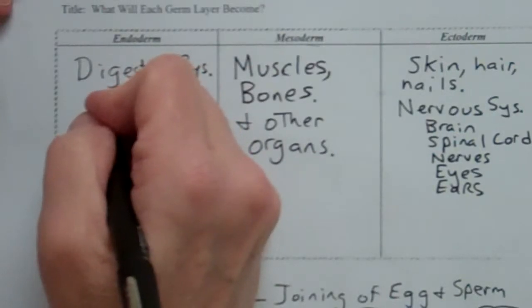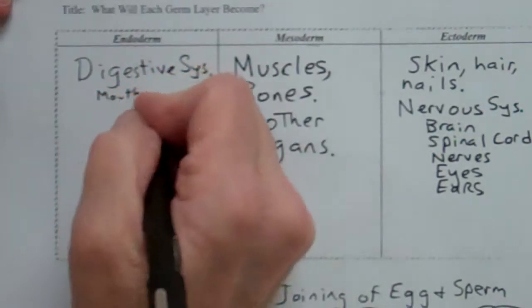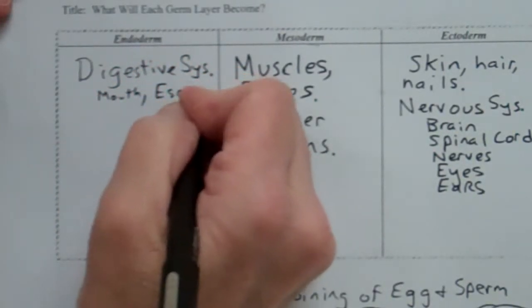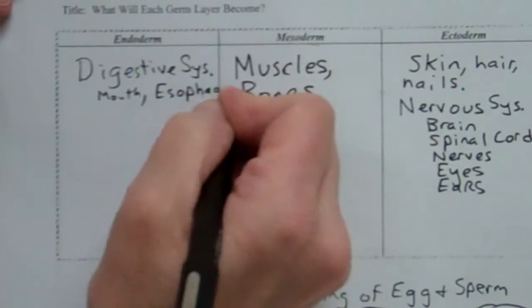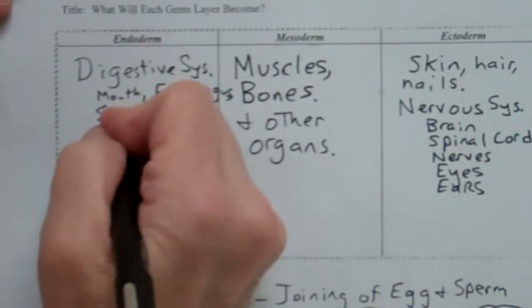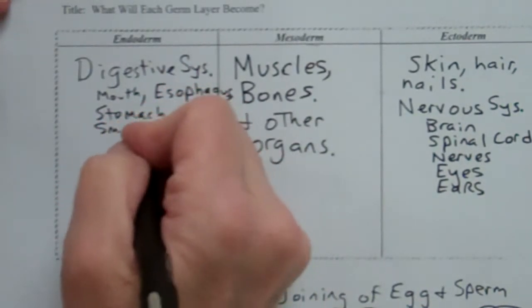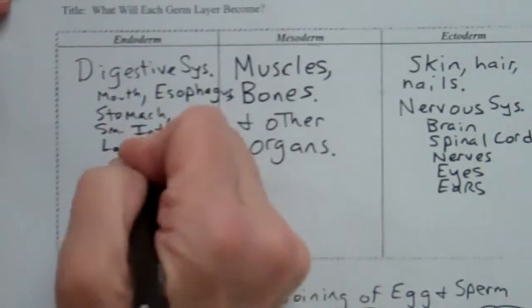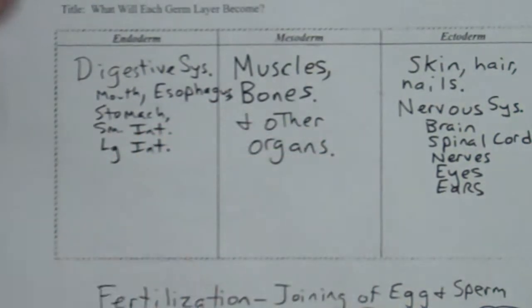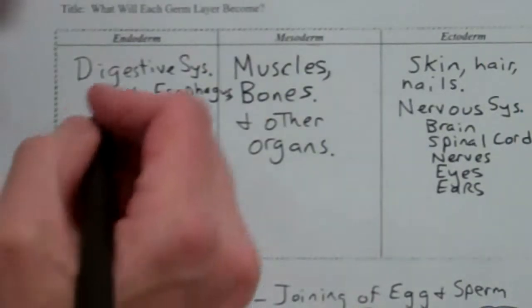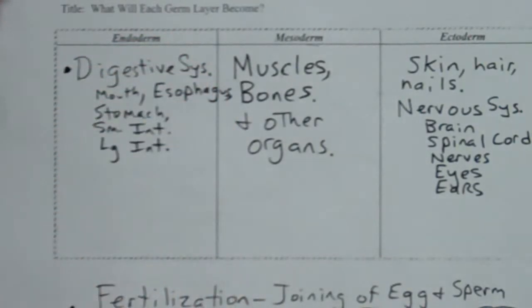Well, your mouth, your esophagus, your stomach. What's after that? Your small intestine, your large intestine. Also some accessory organs like your liver, your gallbladder. So that's one of the main systems though.